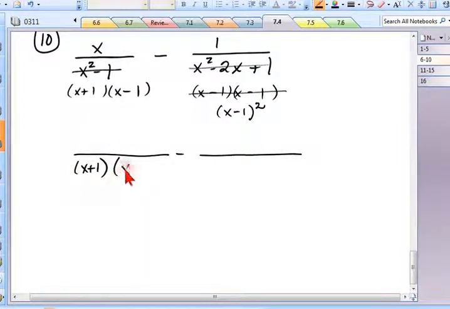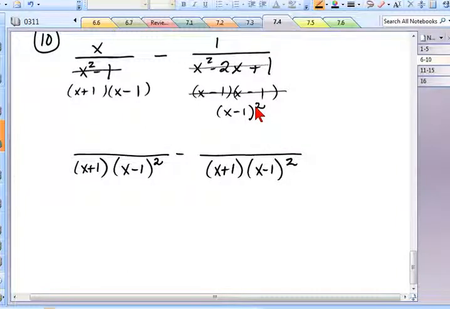I need an x minus 1. But what power of x minus 1 do I need? Second power. So I'll write that down again, x plus 1, x minus 1 squared. I have the x plus 1, and I had x minus 1s in both of these, but I write down the one with the high power.